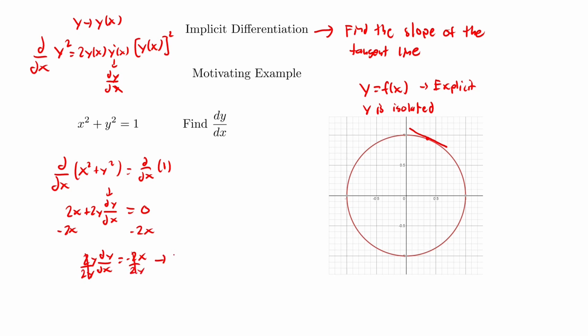And if we do this, we get that dy dx is equal to negative x over y. And that's going to be the derivative. Notice that this is in terms of x and y, so it doesn't just have x's in it. But we can still use it to find the slope of the tangent line at particular points that are on this unit circle.